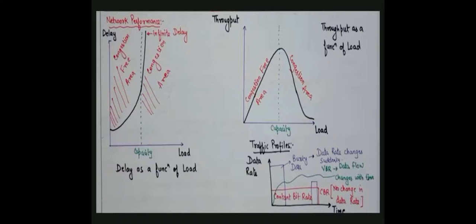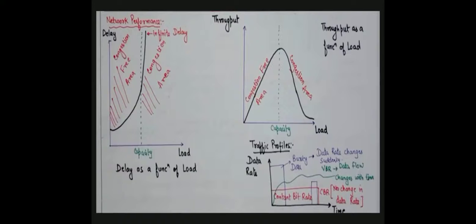Now we are going to the next one, which is the traffic profile. So now we are going to see what this traffic profile is. Here I am going to draw a diagram between data rate versus time. First of all, I will take a rectangular box, which is called constant bit rate, meaning there is no change in data rate.